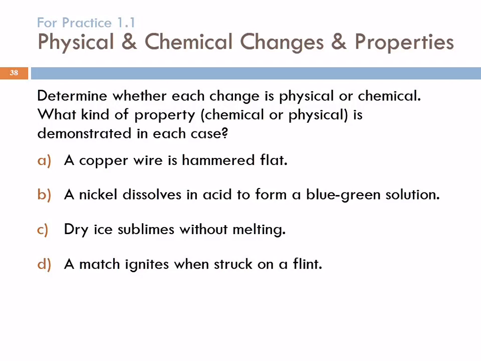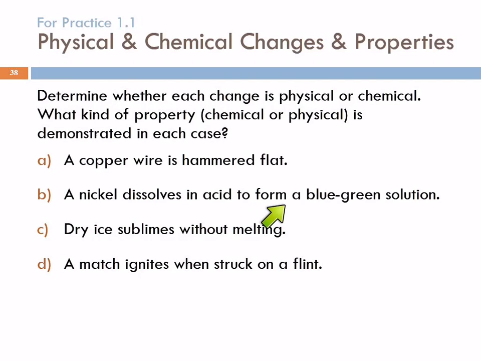It's a physical property. A nickel dissolves in acid to form a blue-green solution. Chemical. Now, many times when things dissolve, like when sugar dissolves in water, when salt dissolves in water, that's considered a physical change. So this word dissolve could be a little misleading.